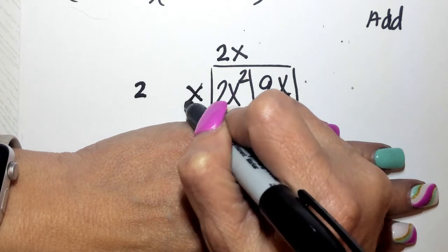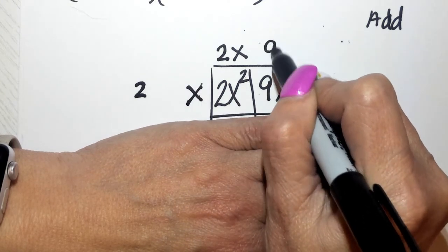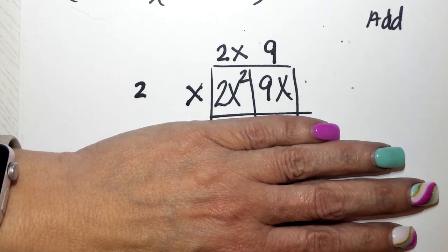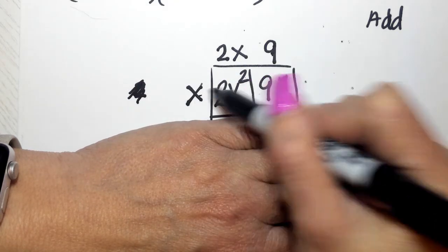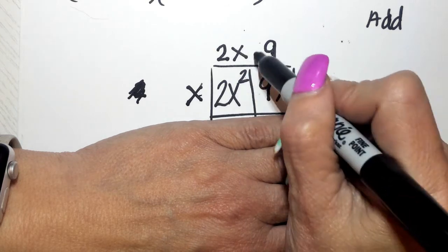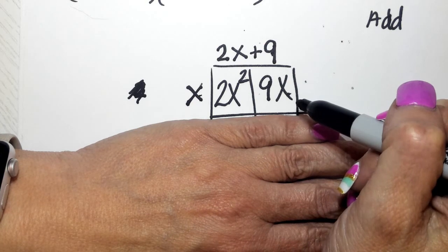And then I can say x times what would give me 9? And I can say 9. 9 times x is 9x. And so you kind of see why you can't put the 2 here, because 9 times x is 9x. 2 times x is 2x squared. So this would be a positive right here. Does this kind of make sense as you look at that?